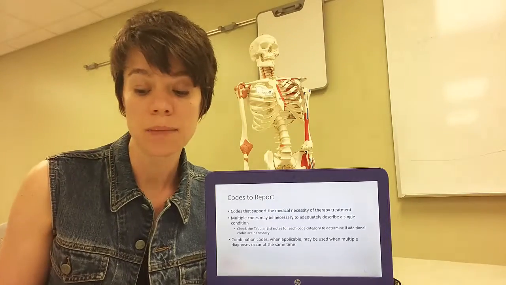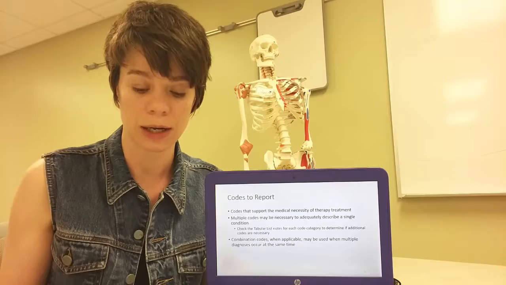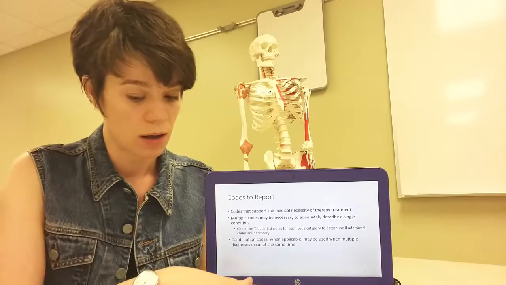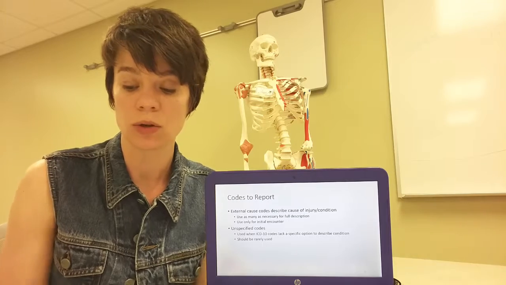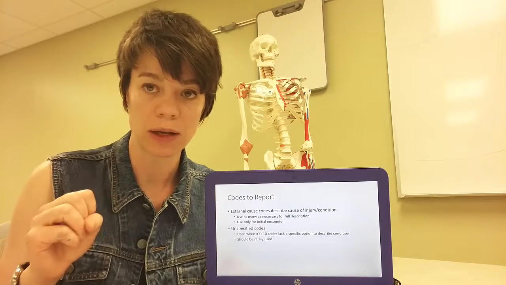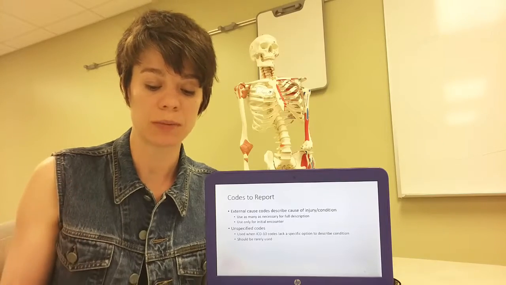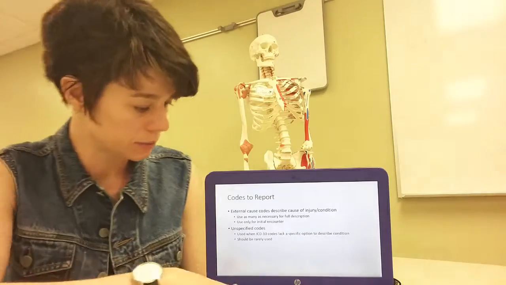There are also some combination codes to use for some multiple diagnoses. An initial encounter may require an external cause code to describe the cause of injury. There are also rarely used unspecified codes for when a patient presents with a condition that is not listed in the tabular list.